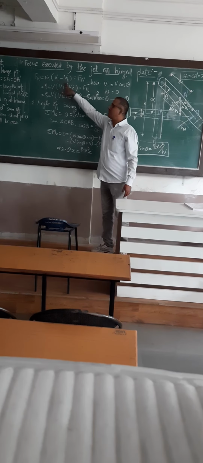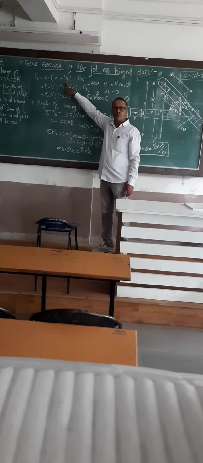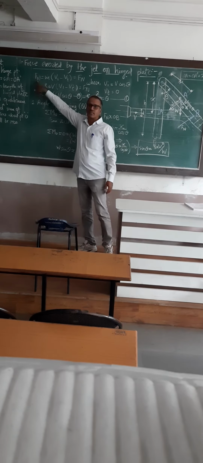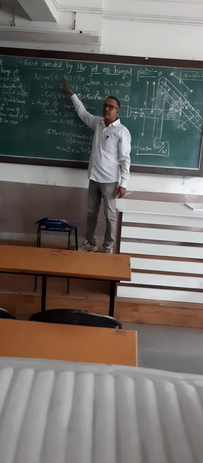In this case, the final velocity after striking becomes 0. The initial velocity Vn is V cos theta. So the normal force Fn is equal to m dot into Vi minus Vf. This is the formula for finding the normal force.